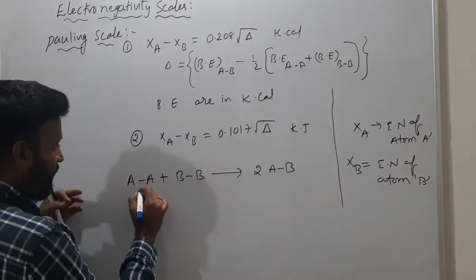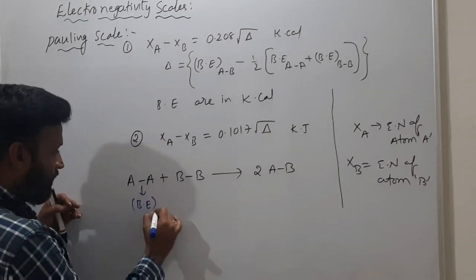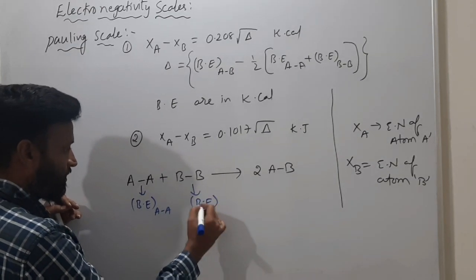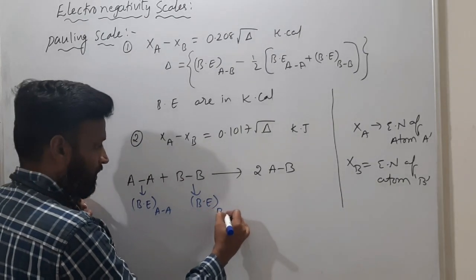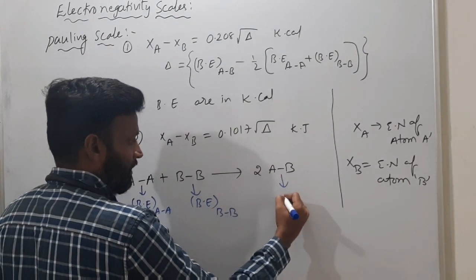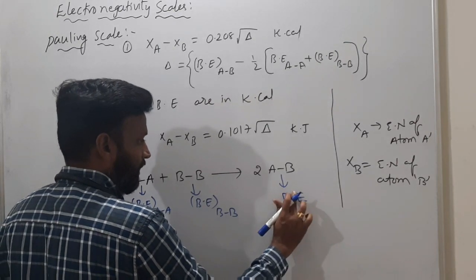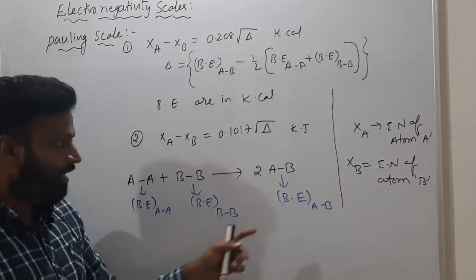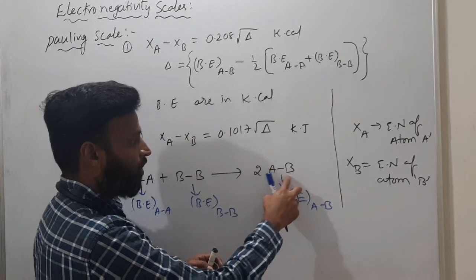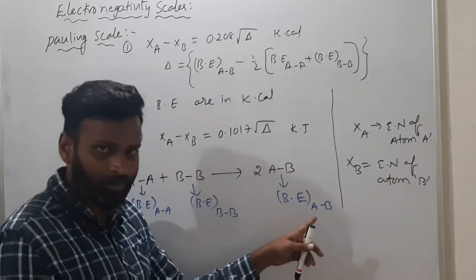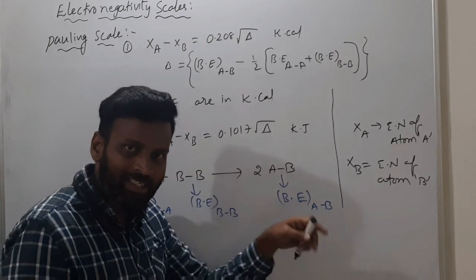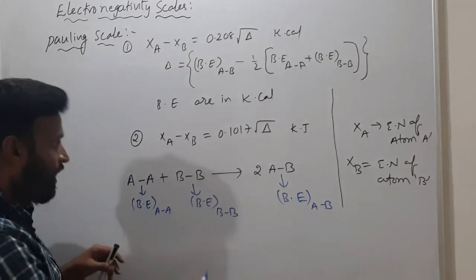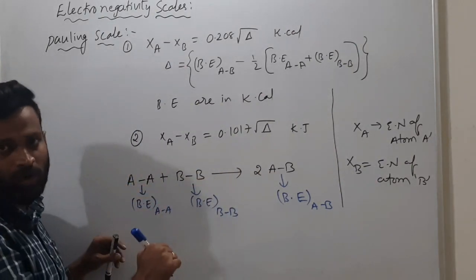AA has a bond energy of AA, BB has a bond energy of BB, and AB has a bond energy of AB. Bond energy means the amount of energy released when the bond is formed between A and B. I repeat, bond energy means the energy released when the new bond is formed between A and B. Otherwise, it is the amount of energy required to break the bond.